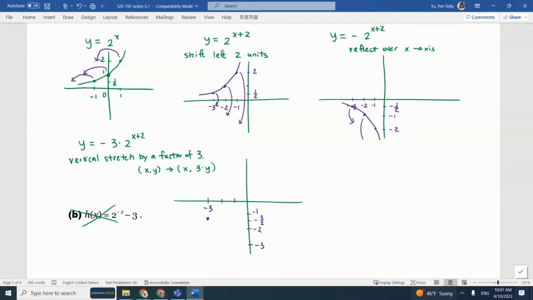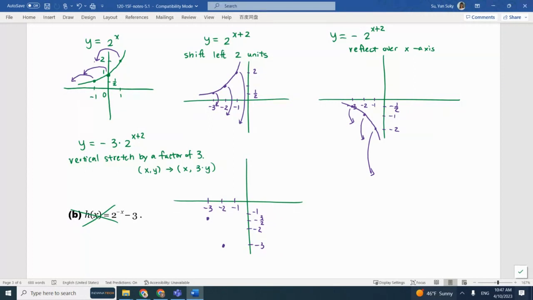How about the next point? You see x is -2, but the y was -1. When you multiply by 3, you get -3 here. Okay. Next one, -1. It was -2.